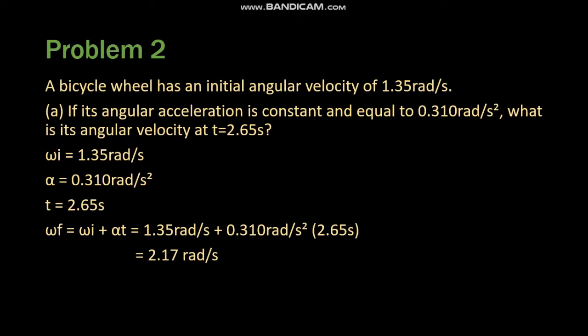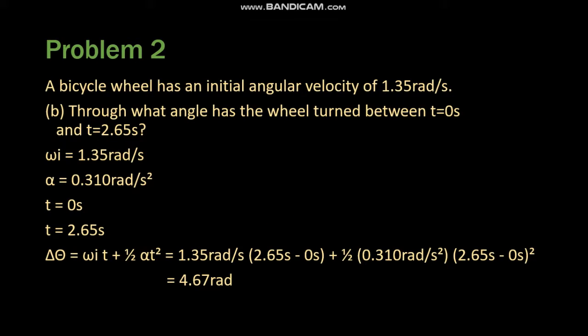So this is the final angular velocity at t equals 2.65 seconds. Let's proceed to problem 2b. Through what angle has the wheel turned between t equals 0 seconds and t equals 2.65 seconds? The problem is asking for the change in angle.